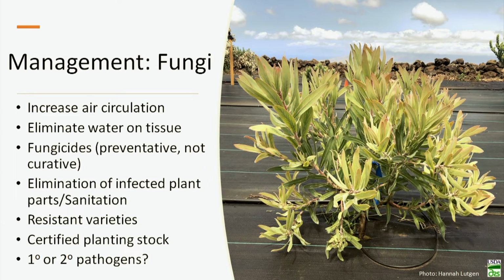Thinking about, well, are there more resistant varieties to plant? And also still needing to really sort out, are we talking about primary or secondary pathogens? Is it because the plants are a bit stressed in this unfavorable environment that these pathogens are now kind of taking advantage of that situation, which a lot of these that I've mentioned are.